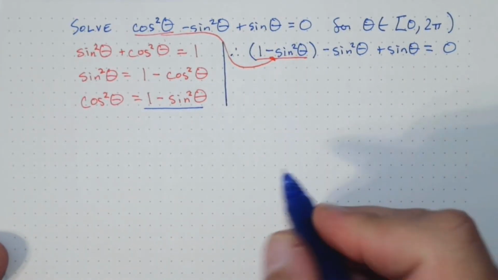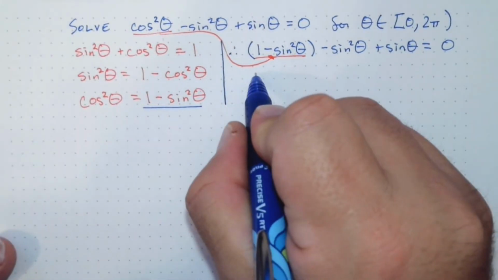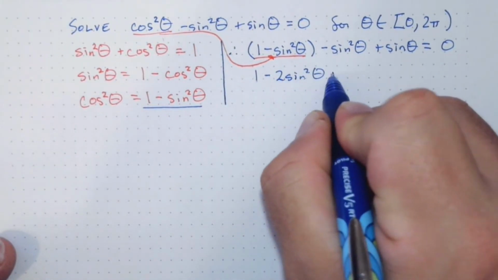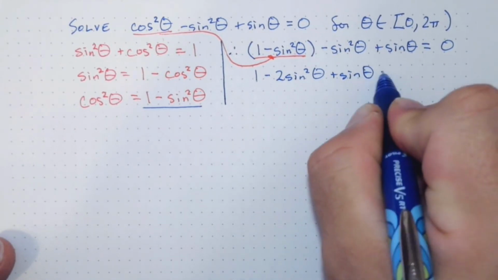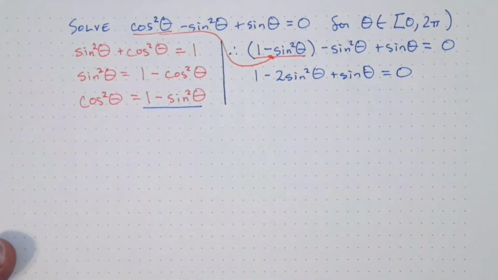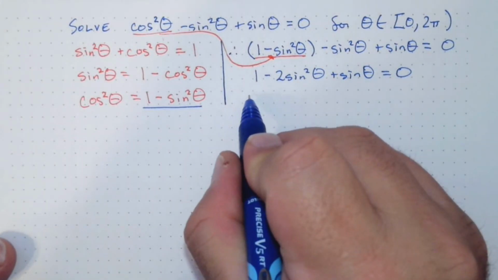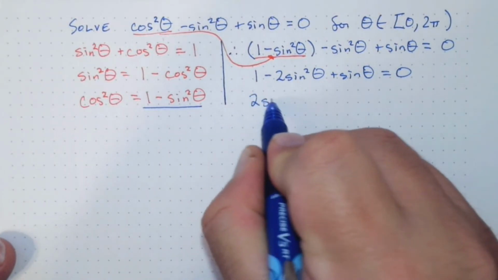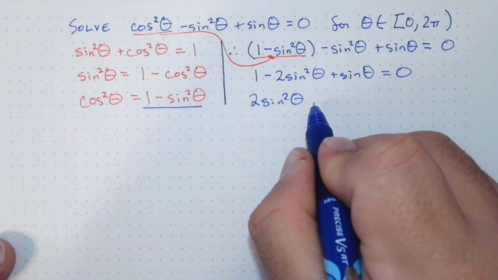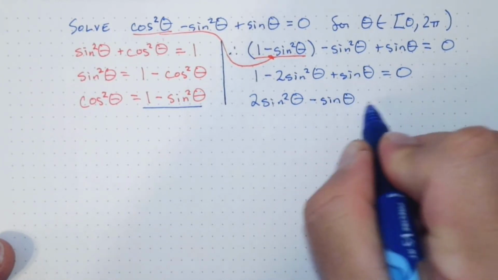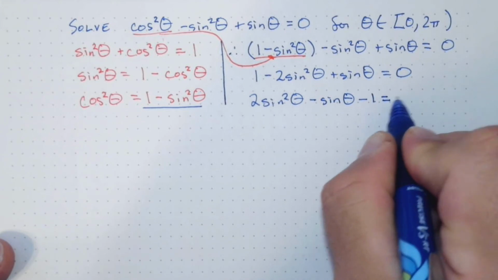Okay. If I group my terms, that gives me 1 minus 2 sine squared of theta plus sine of theta equals 0. Okay. Rearranging my equation, I can say that that is 2 sine squared of theta minus sine of theta minus 1 equals 0.